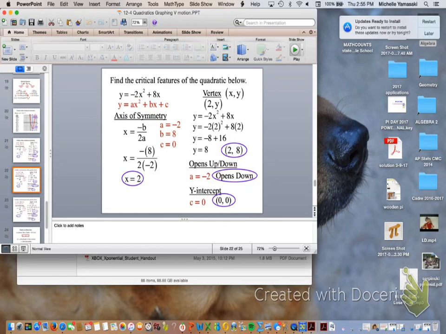Good. Is the vertex going to be a maximum or a minimum? Minimum. What is the y-intercept, please? 0, 8. Axis of symmetry: x equals negative b over 2a.